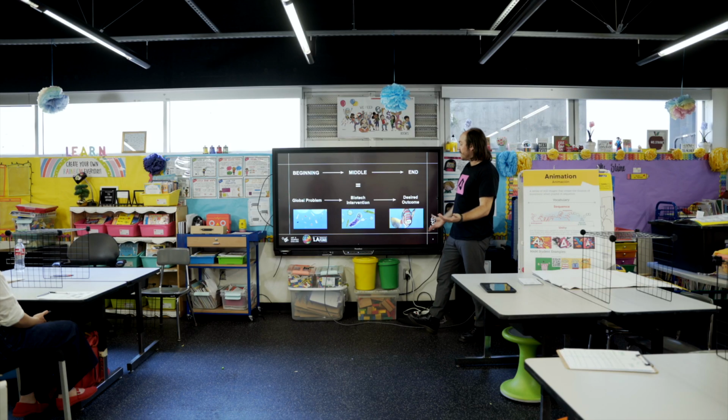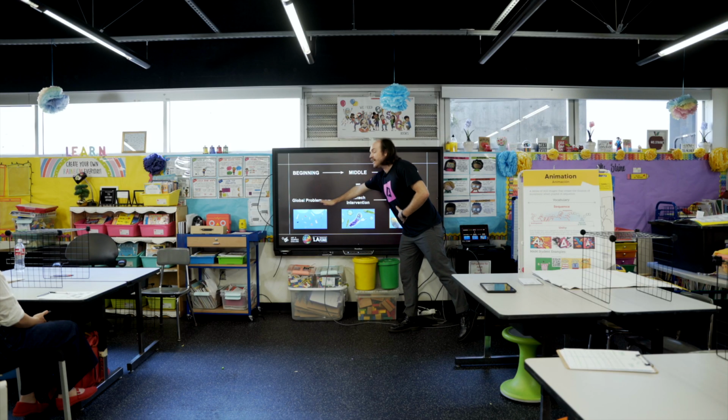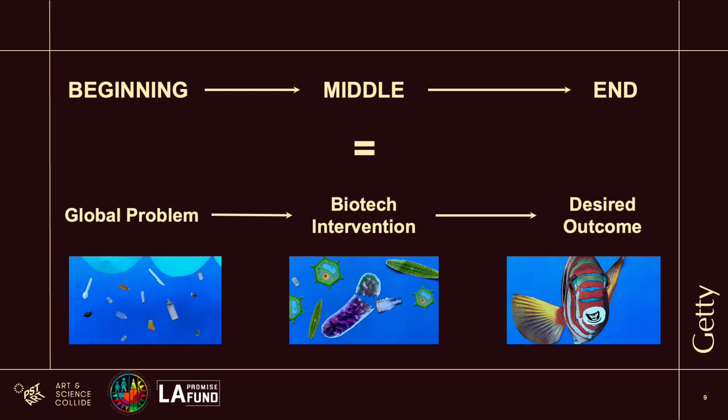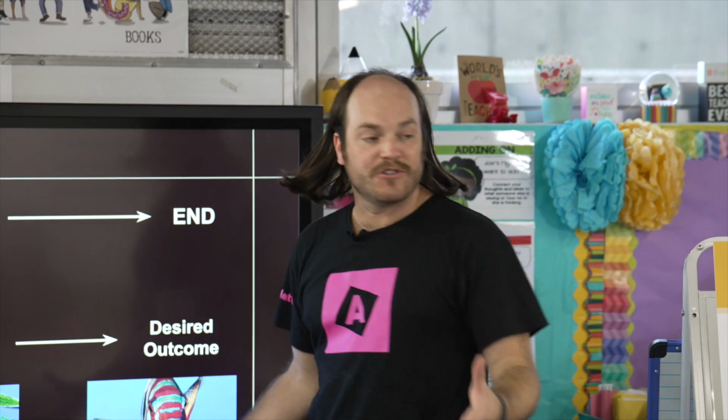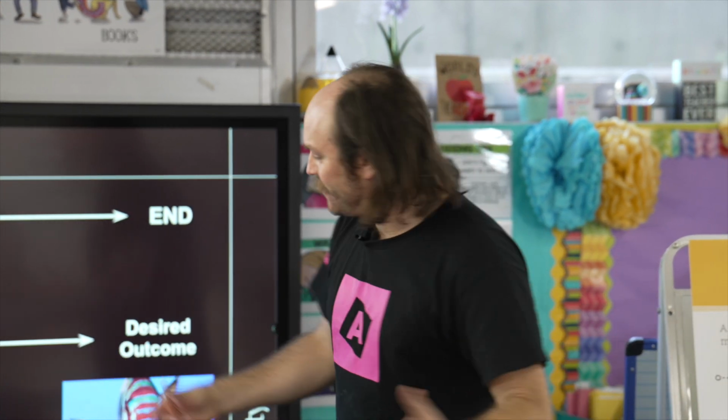If it's science, if it's biotechnology specifically, we start with the beginning, all right, what is the global problem? The middle, what is the biotech intervention? So there's a little plastic-eating bacteria guy there. And the end, what is the desired outcome, okay? So in this way, this is what our model of a biotech solution, how it's going to be presented, okay?